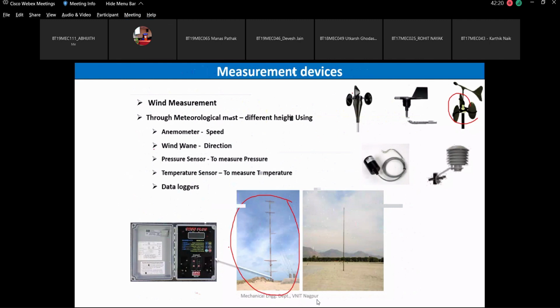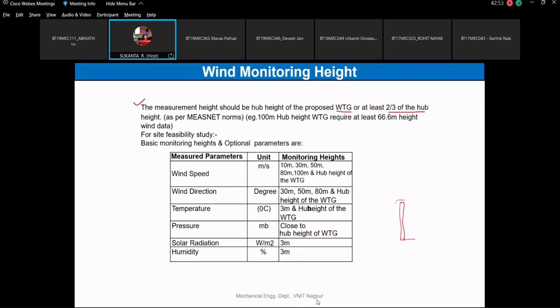Suppose we were planning that wind turbine setup at the height of 100 meter. We are talking about the half height only. If this is the turbine stand, and it is up for the blade, suppose, till here we are measuring the height.